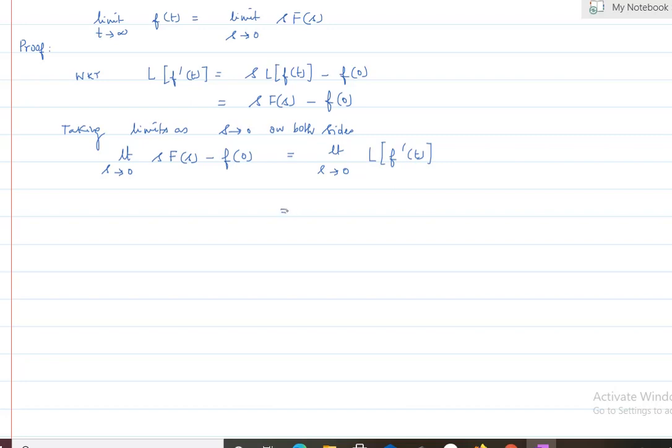That is equal to limit s tends to 0. The value of L of f dash of t, by definition it is integral 0 to infinity f dash of t into e to the power minus st dt. Whereas the left hand side, it is limit s tends to 0 s into F of s minus limit s tends to 0 f of 0.